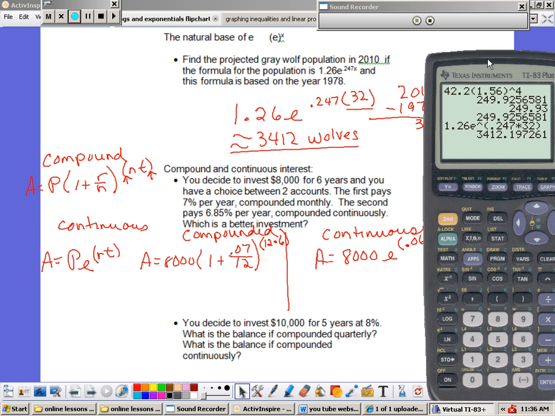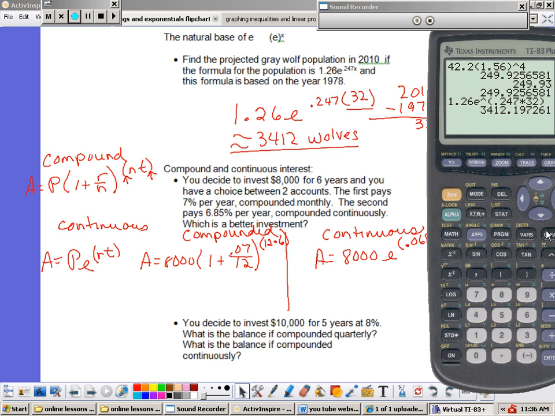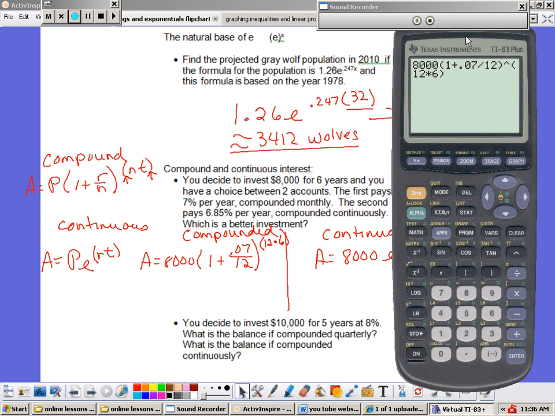Okay, so let's see what we get here. Let's start with the first one. With 8,000 parentheses 1 plus 0.07 divided by 12 parentheses raised to the parentheses 12 times 6 parentheses.